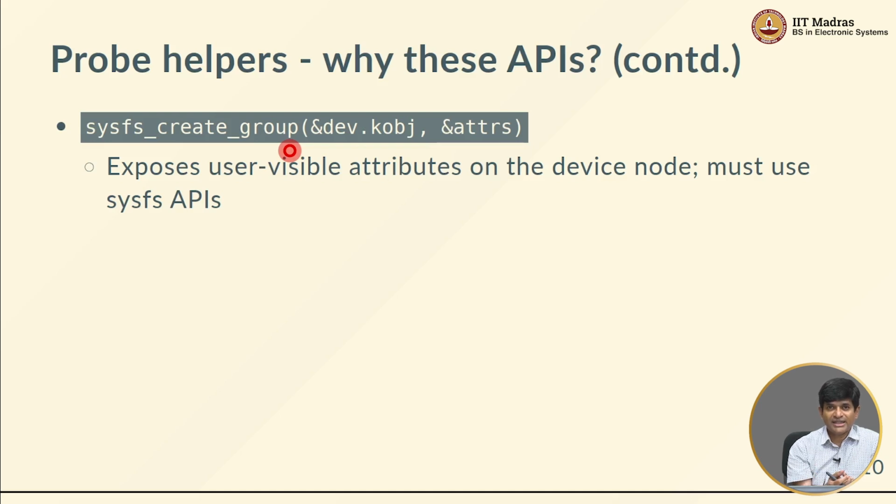The typical idea is that when you read from a file like that, you want it to be human readable. But then how does that conversion happen? All of that gets done by having certain additional functions inside your module. But this create group is the part that actually sets up the entire virtual file system for you.